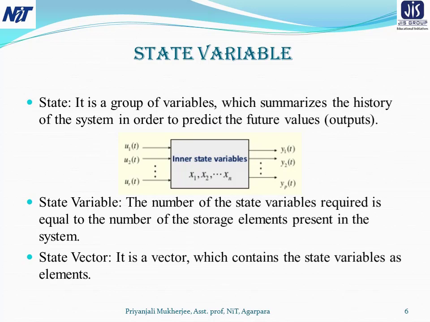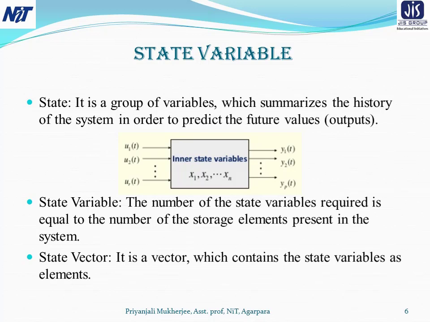So there is some freedom in choice of state variables, which gives an added advantage in the state space method. And generally, the nth order system is described by a collection of n state variables.